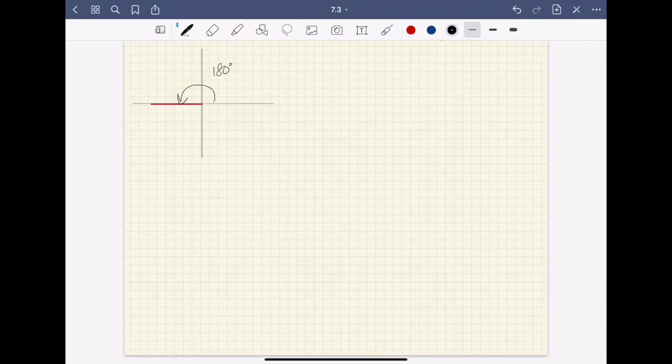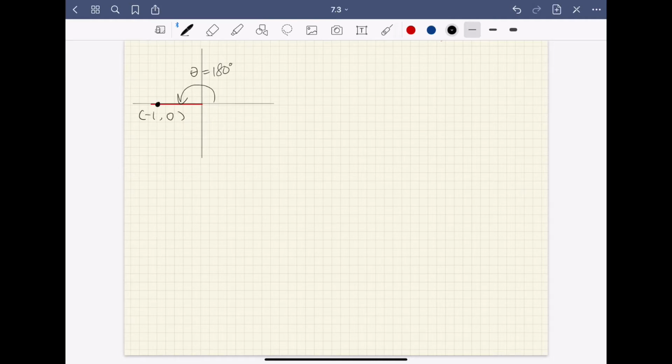Let's do another example just to practice. Let's say this time our angle theta is equal to 180 degrees, and we can choose a point that's on the terminal arm of this angle. I found that the easiest one is -1, 0, because it's one of the x-intercepts, so the y value is always 0.